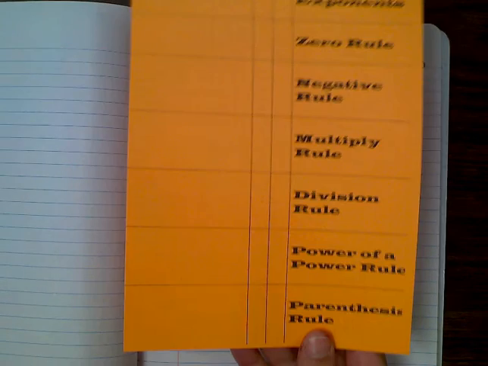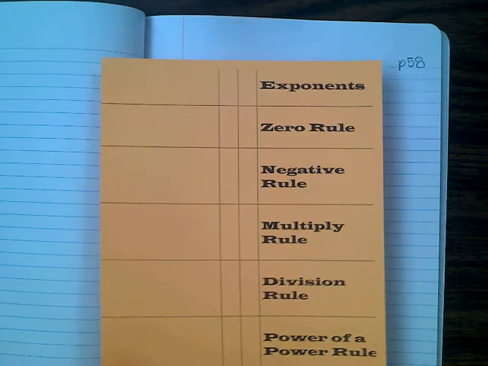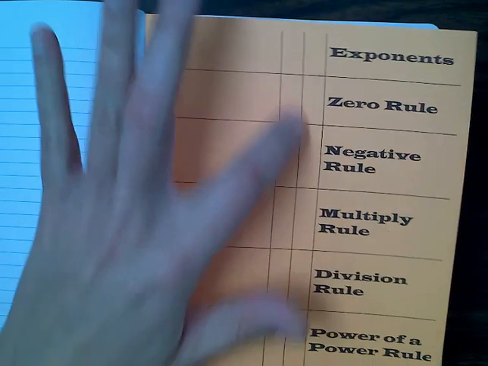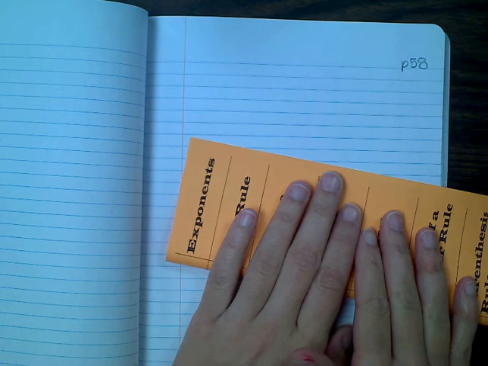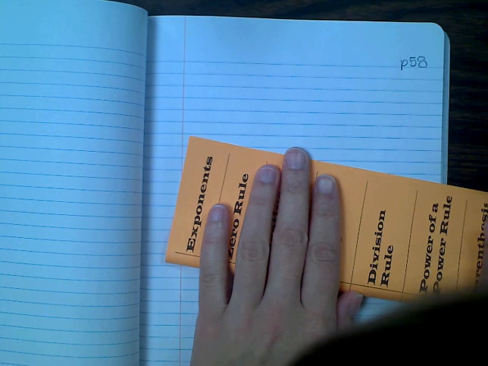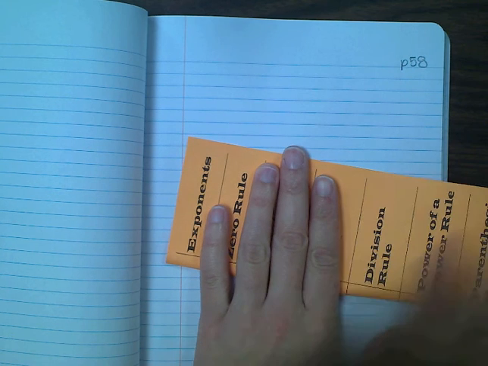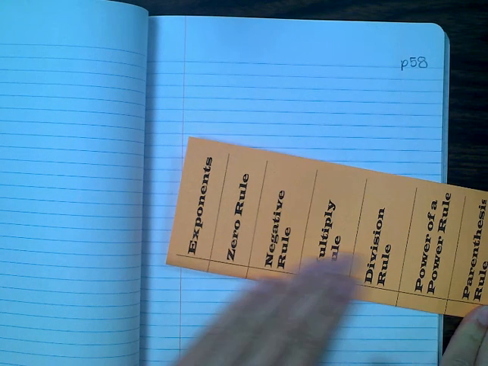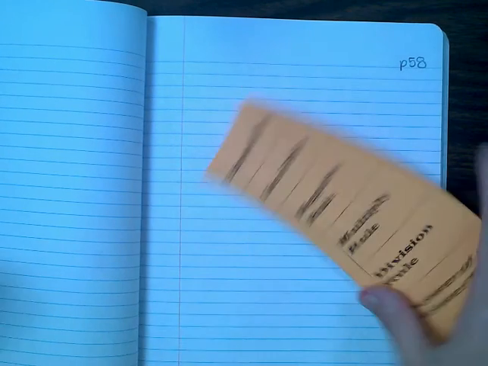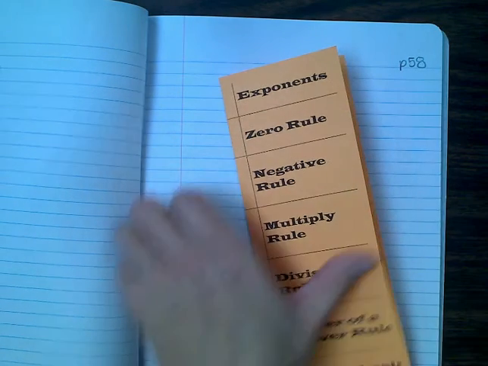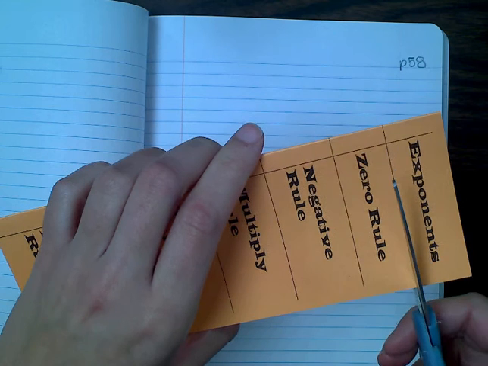57 we're going to leave for practice problems in class, activities in class or whatever. Page 58 is where we're going to put our notes. You should have got your notes today that looks like this, although yours is probably a little bigger. You might want to cut it down to size, and then we're going to fold in half right along this middle line here. So I'm just going to try to line this up. And then we can cut along all these little edges to make little doors.